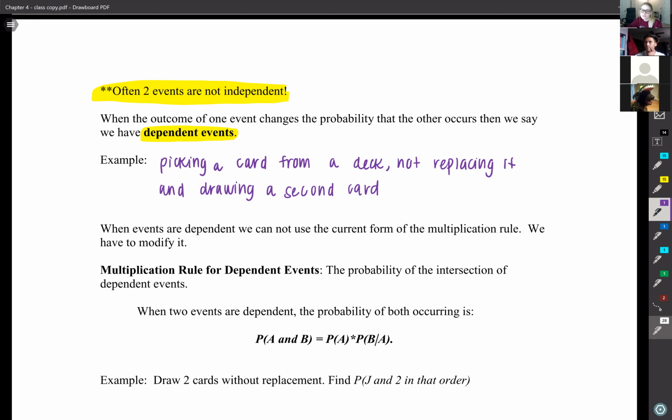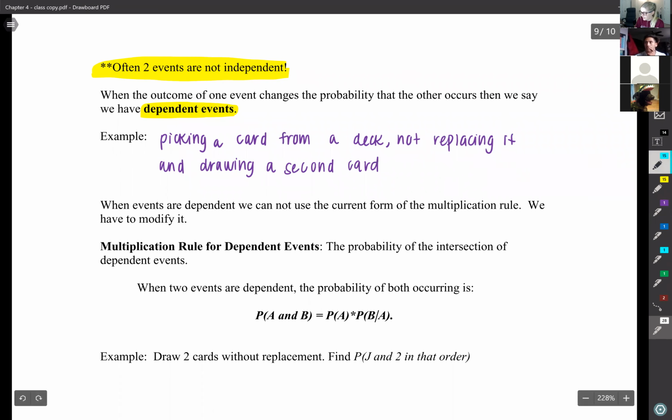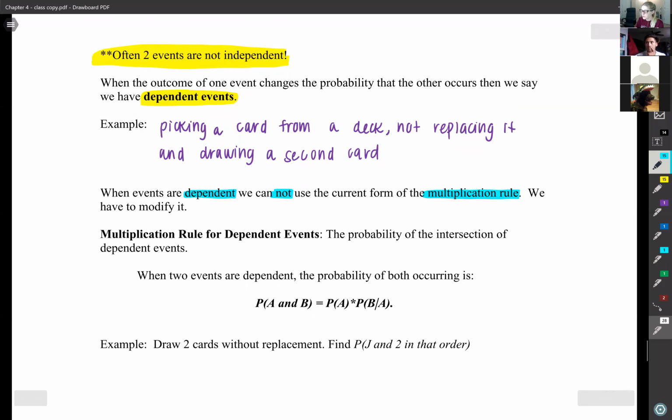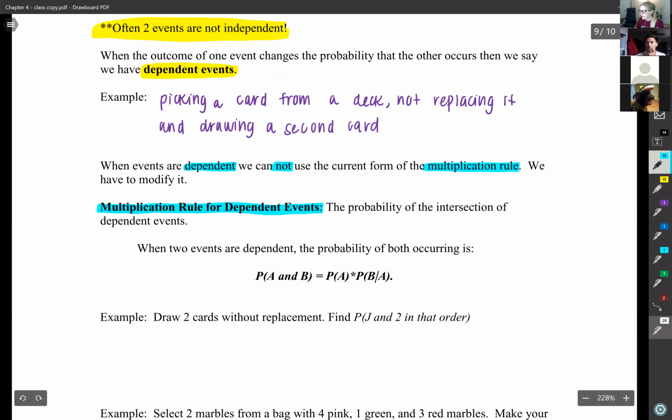So that is an example of something that's dependent because I take a card out, I don't put it back in, and then I draw another one. So automatically those are dependent on each other. Depending on what that first one I took out was, that changes my probability of the second event happening. So right down here it says, when events are dependent, we cannot use the current form of the multiplication rule, and we have to slightly modify it. So then we get the multiplication rule for dependent events. So in this section, we have a multiplication rule for independent and one for dependent events.